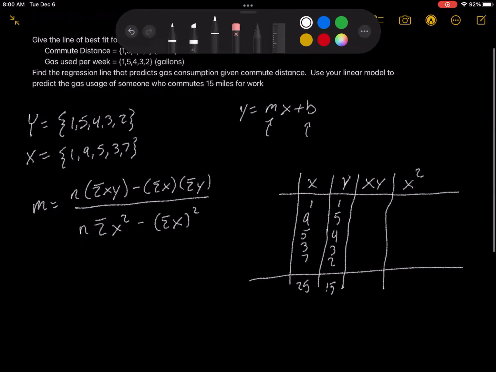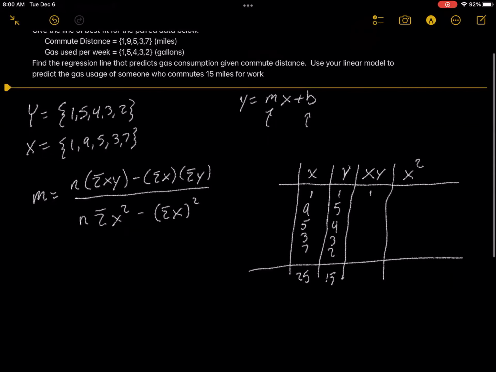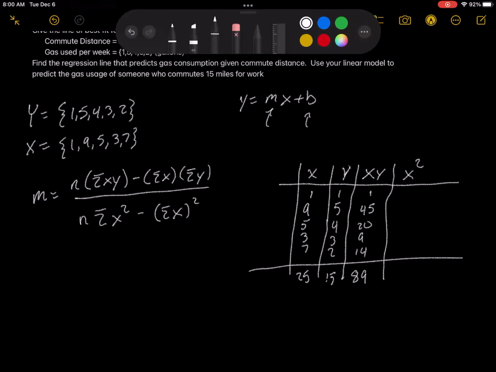The xy's would be 1, 45, 20, 9, and 14, which gives us a sum of 89. And the x squareds will be 1, 81, 25, 9, and 49, which sum to be 165.